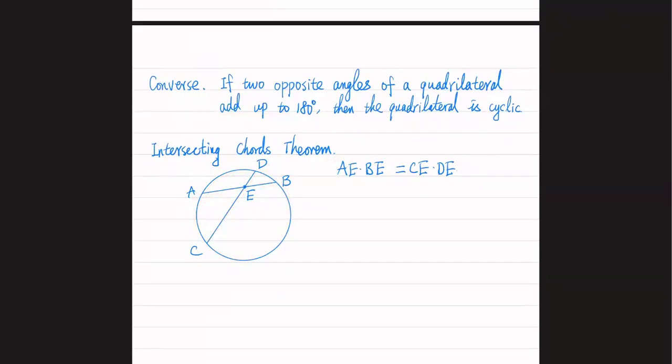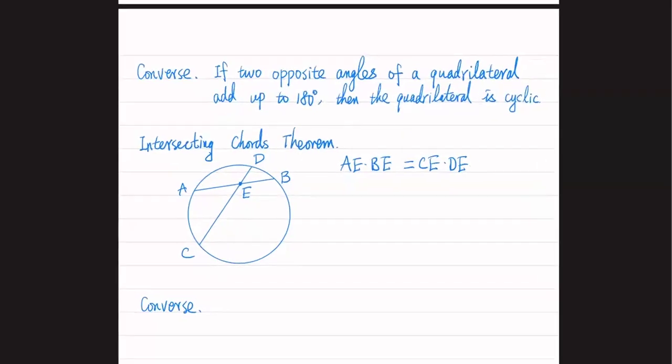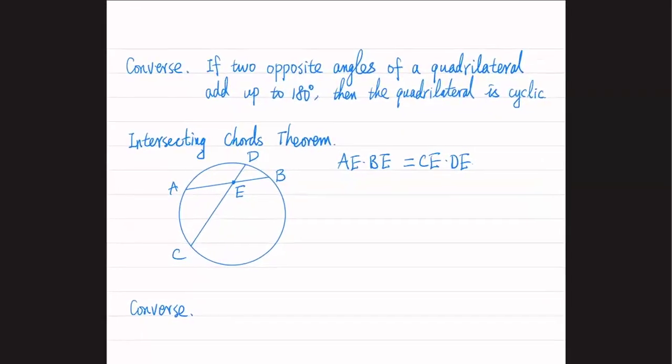Now let's think, what's the converse? Aaron, could you guess what the converse will be? Let's see if it's reasonable. If AE times BE equals CE times DE, then the circle is proper.